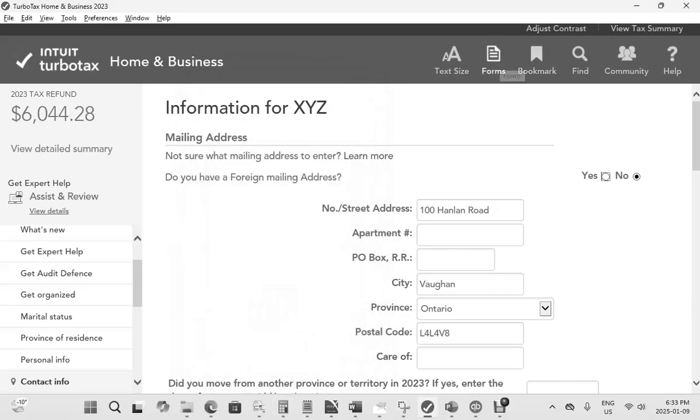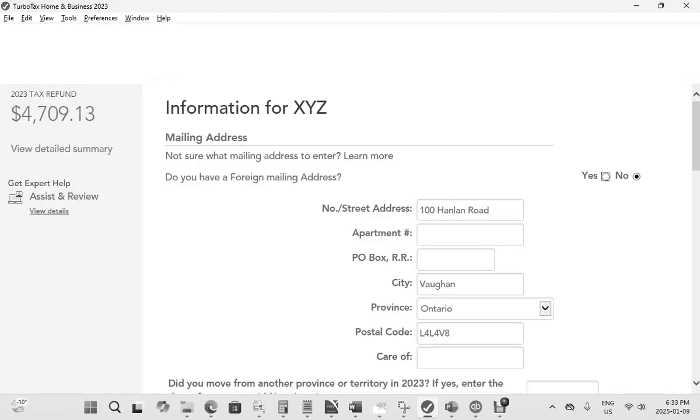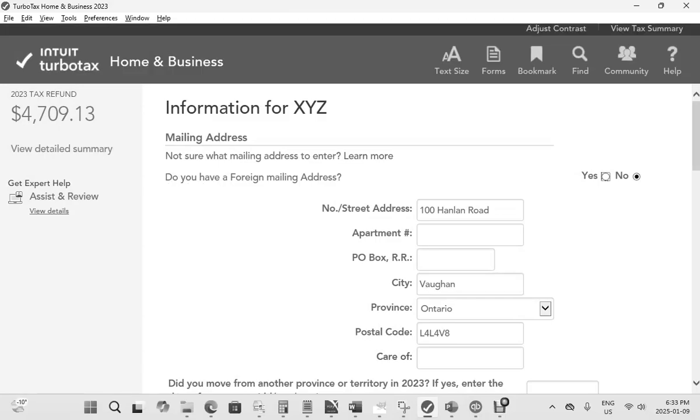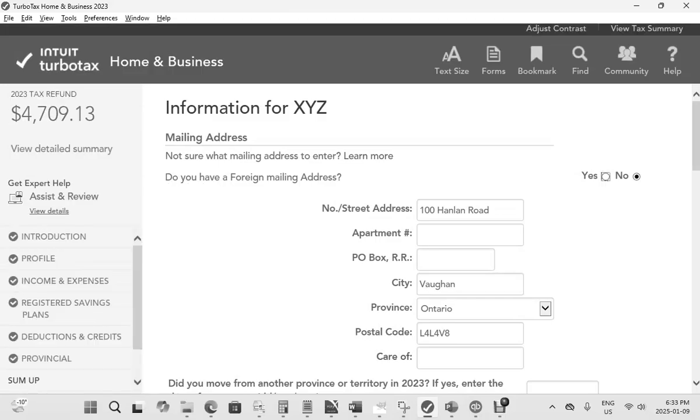Let's go back over here on our T2125 and change this figure in part 3A to $10,000. Now notice the tax refund has gone down significantly to $4,709.13.